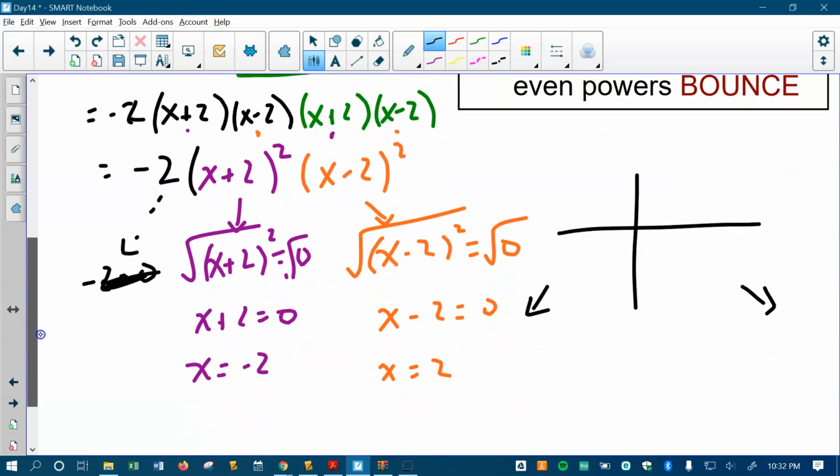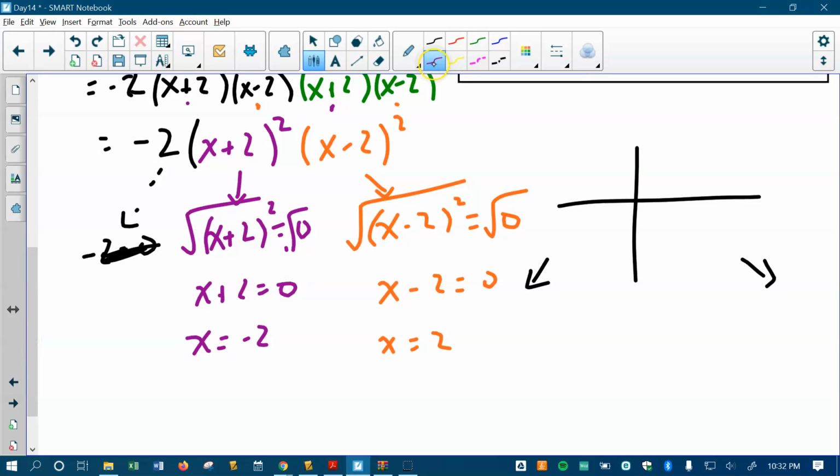Okay, I'm going to put some steps here just so you know what they are when you're graphing. So to graph, step 1, find end behavior. In other words, find the arms.